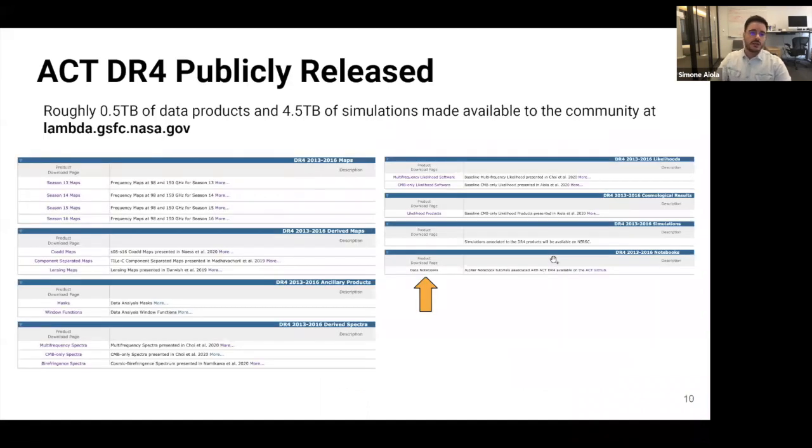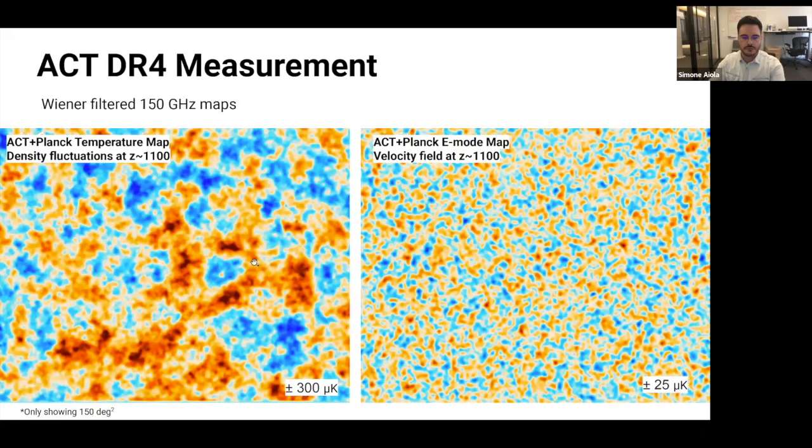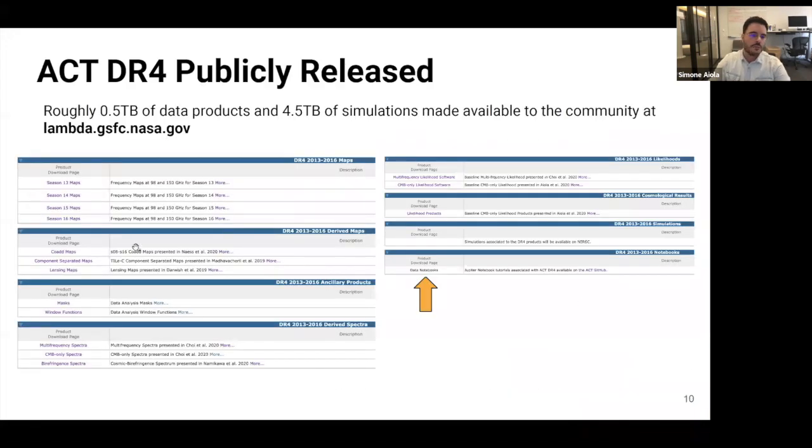One last remark that I want to make is that all these very beautiful maps, as well as intermediate products and likelihoods, are available on the NASA Lambda website, and they are there for the public to use and explore.